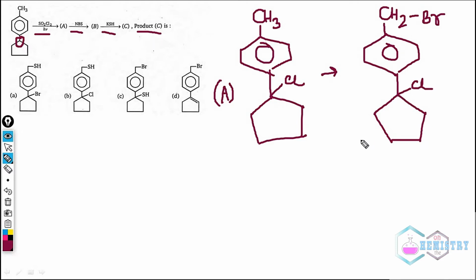Cl. And now KSH. What will KSH do? On reaction with KSH, it will be a nucleophilic substitution reaction. It will replace either chlorine or bromine from this group, and it will follow the SN2 pathway.